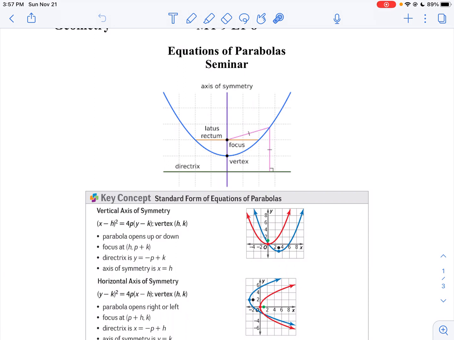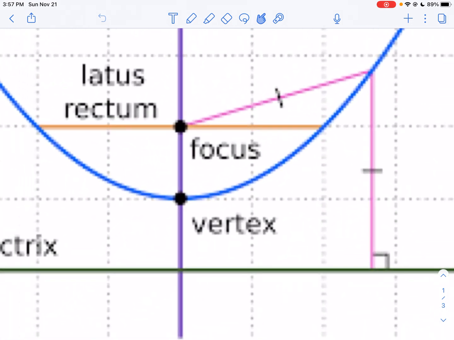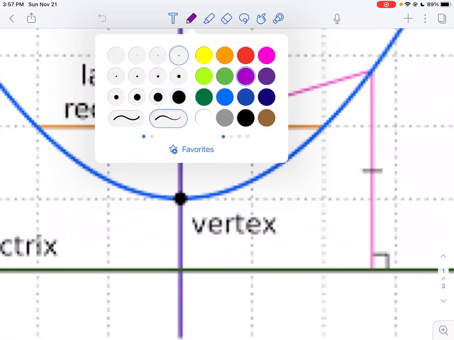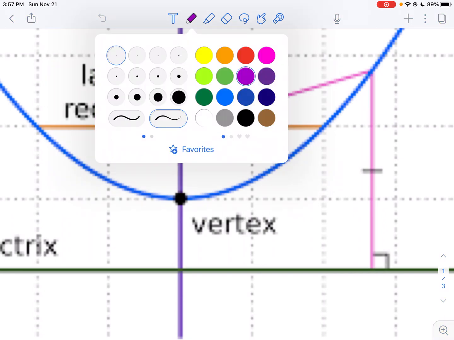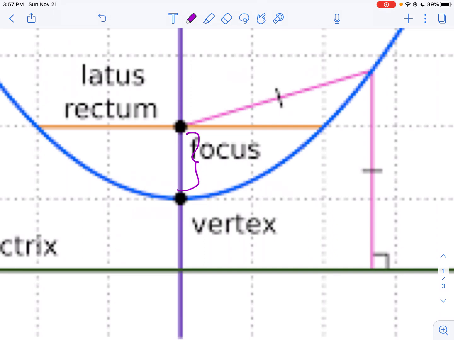The vertex is halfway between the focus and the directrix. We call this distance from the focus to the directrix P. So that's P and that's P.